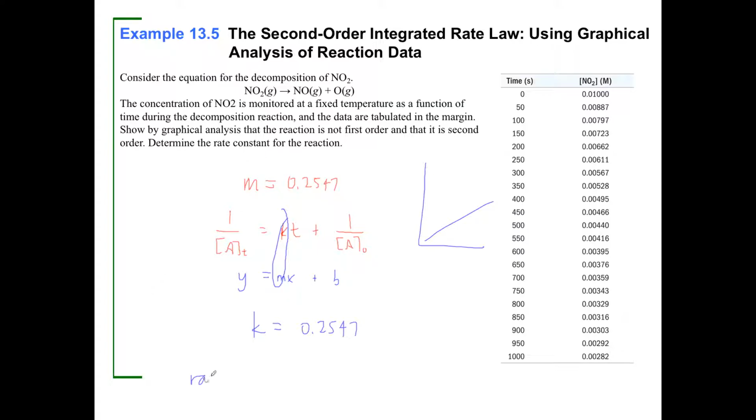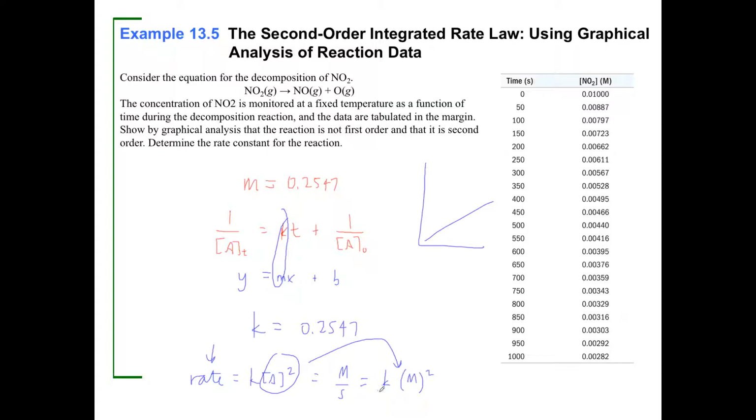And the units for a second order one, let me think about this for a second. If rate is equal to k[A] squared, which is equal to molars per second, because that's what rate is, molars per second is equal to k times molars squared, because that's what this is, right?